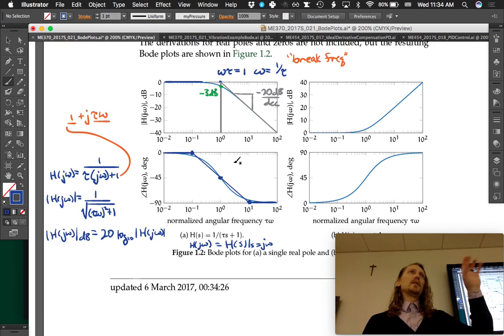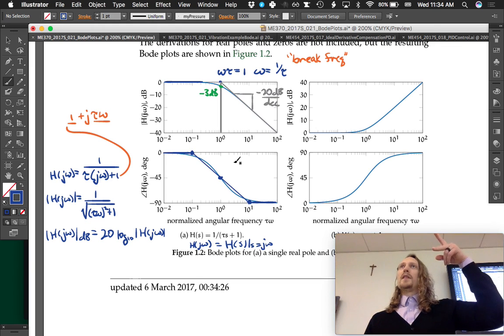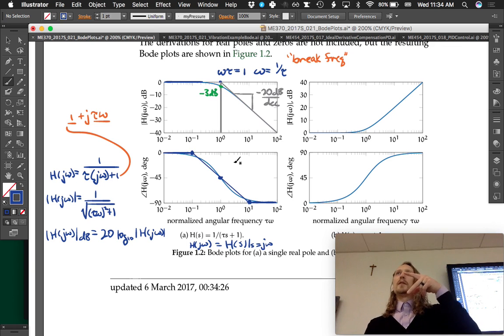So we have these two forces that we're relating with the transfer function.